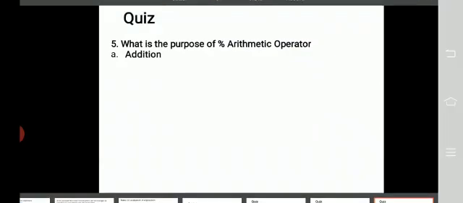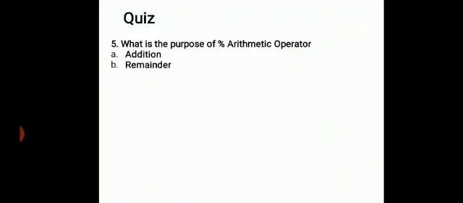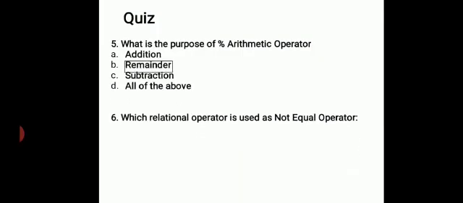Addition, remainder, subtraction, all the above. Remainder is correct. Sixth question: which relational operator is used as not equal? Equal, double equals, less than or equal, not equal, less than and greater than. Not equal is correct.